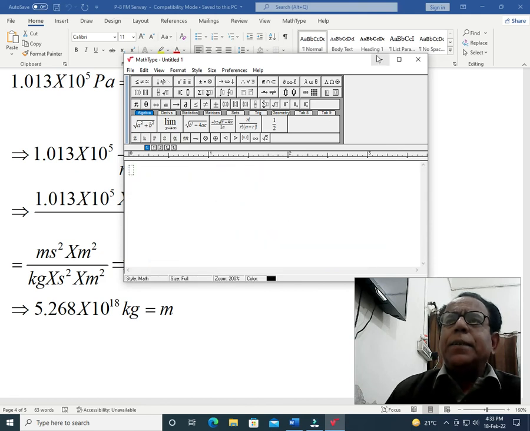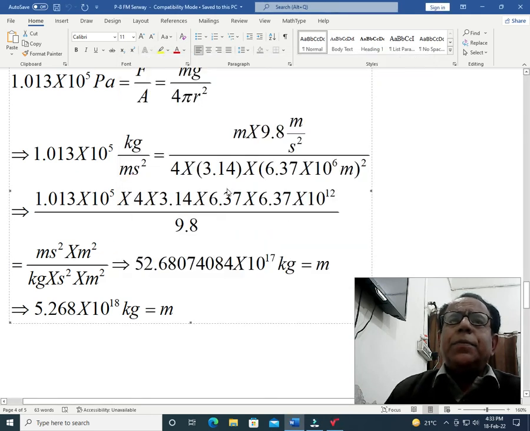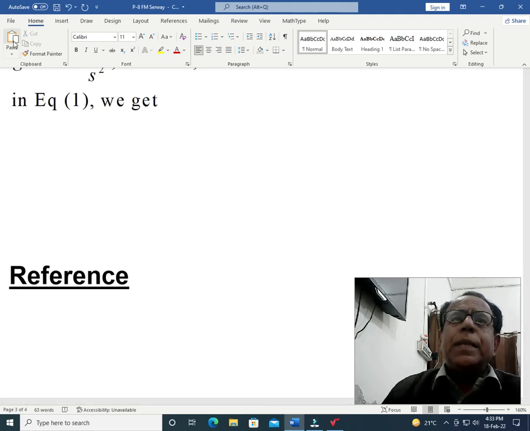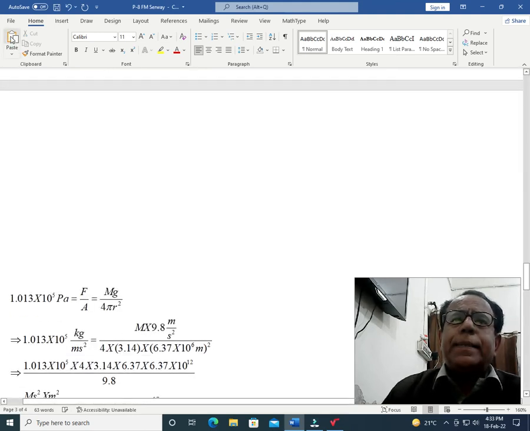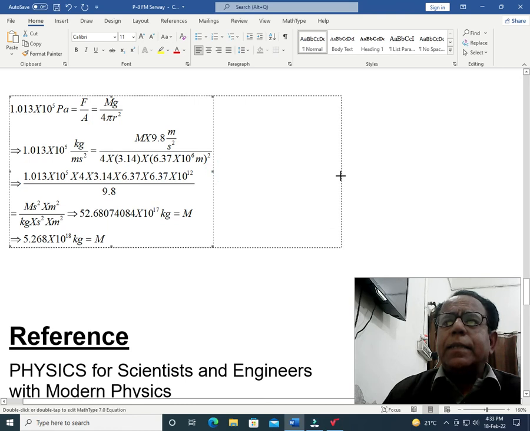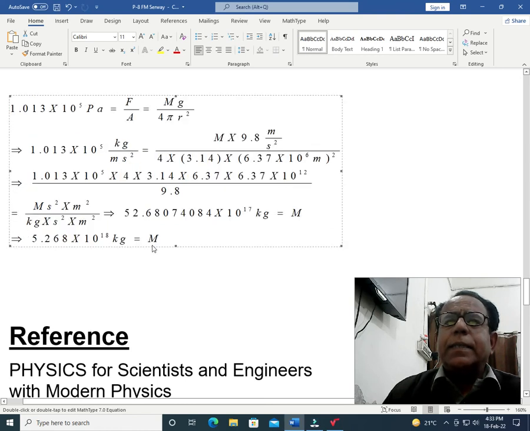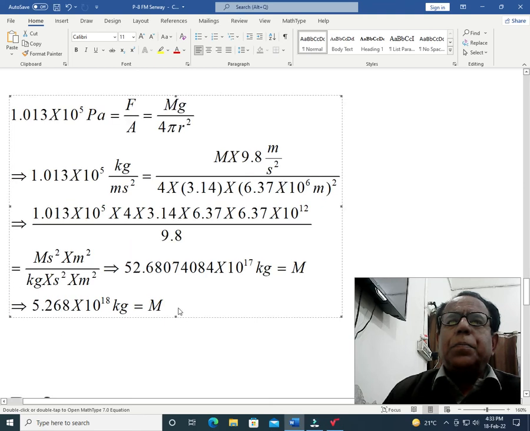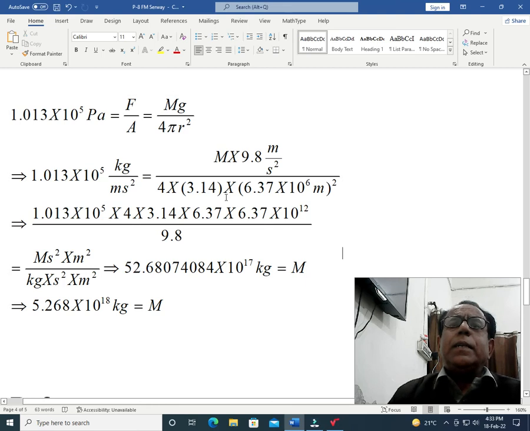Here we cut, here we delete it, here we paste it. After pasting it, we enlarge this. Okay, now I think it is quite okay.